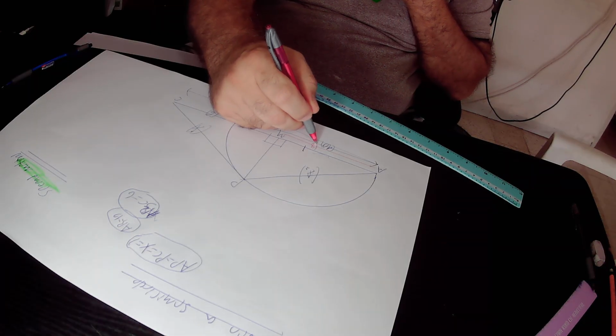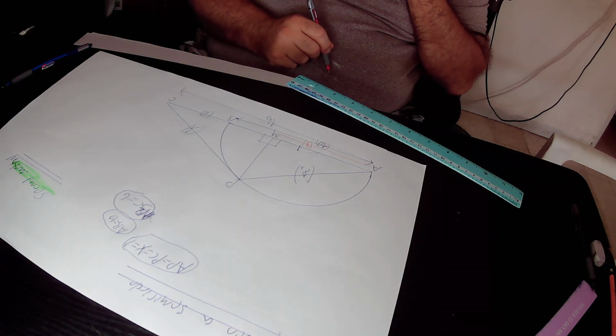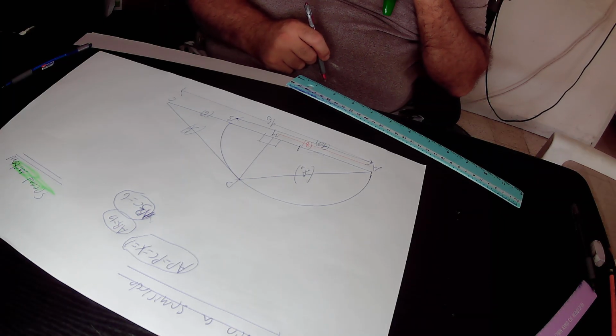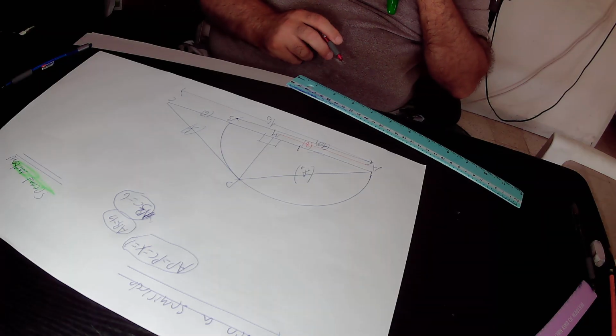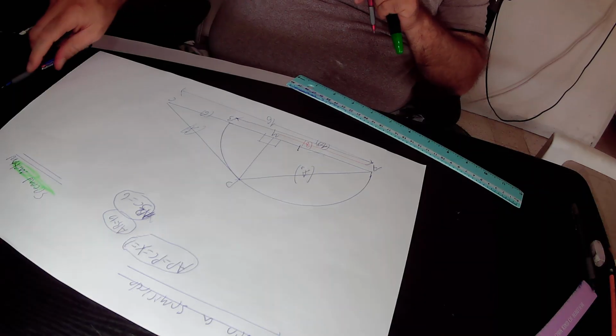AM equals 8 units in its length, MC also equals 8 units in its length. In the next step, we define the center of this semicircle. This point is point O.